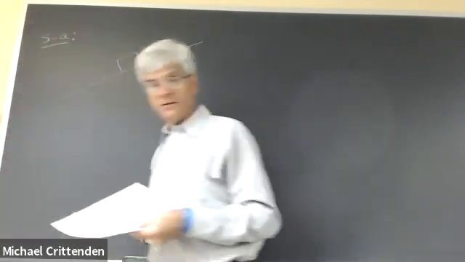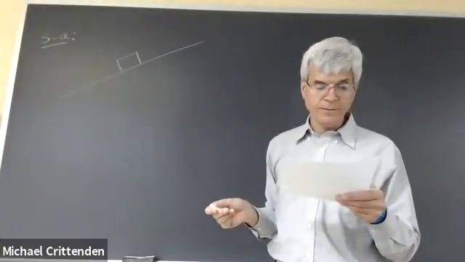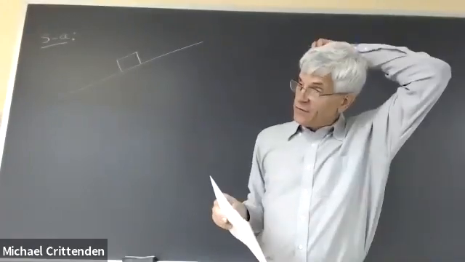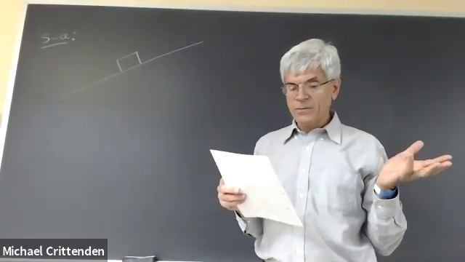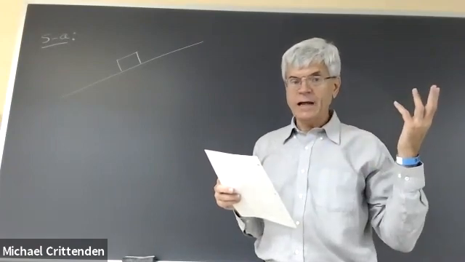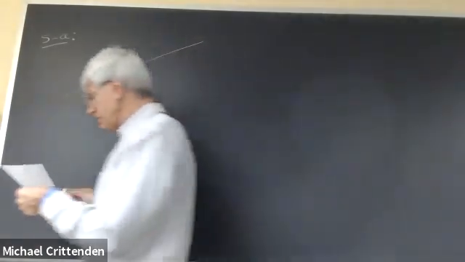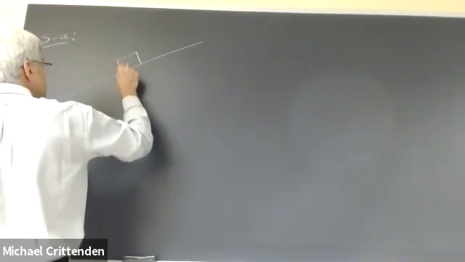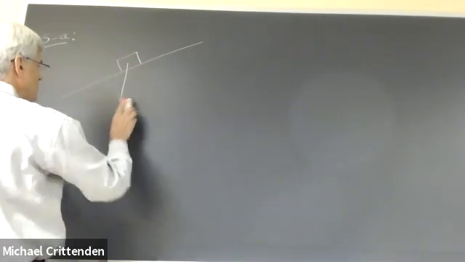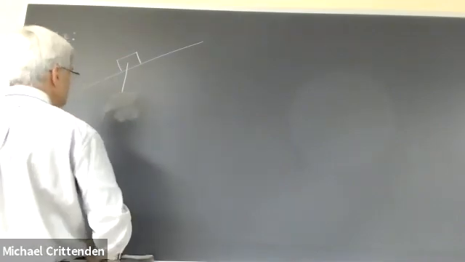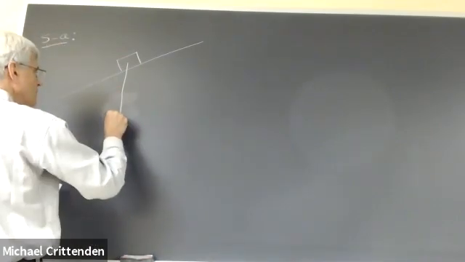There's the box sitting on the ramp. And you have to ask yourself, what are all the forces acting on this box? Well, for any problem where you're not floating around in space, maybe I'll make that a little bigger so I've got lots of room to label things.